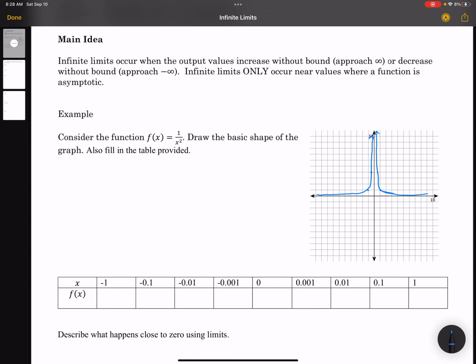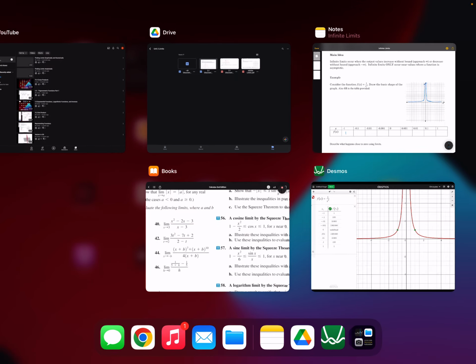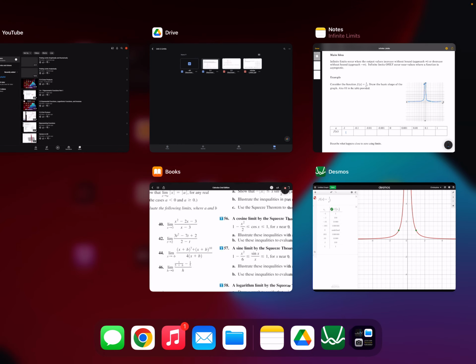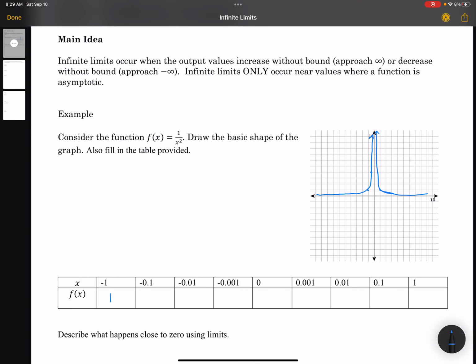And if we're filling out the table, when we had -1, we had 1, and then I believe, what was it then? 100, 10,000, 1 million. And this was undefined.